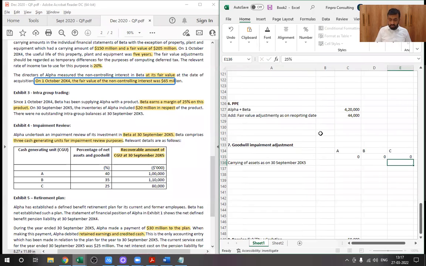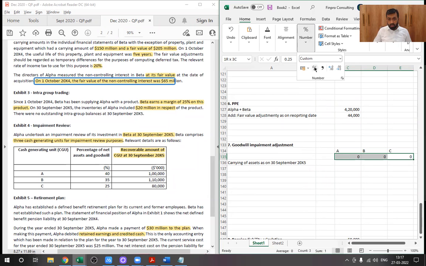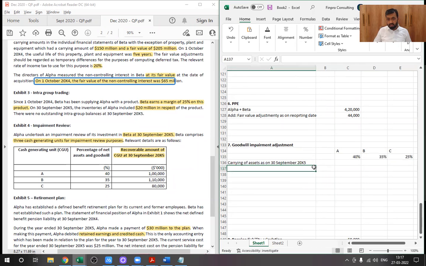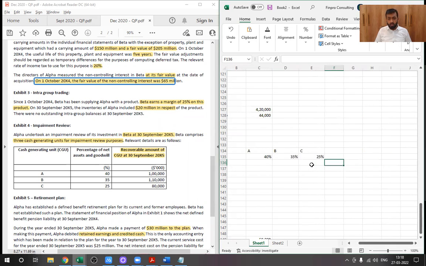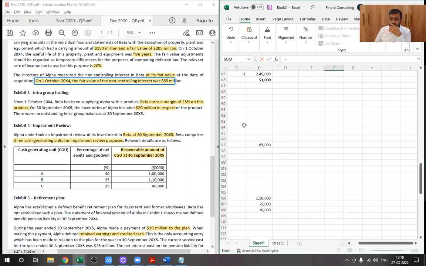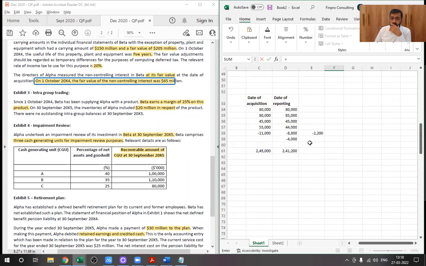I will have to change the number format to percentage. It will give this, correct? So first of all, I need to find out the carrying values as on 30th September. What is the total carrying amount? This is as on the reporting date.